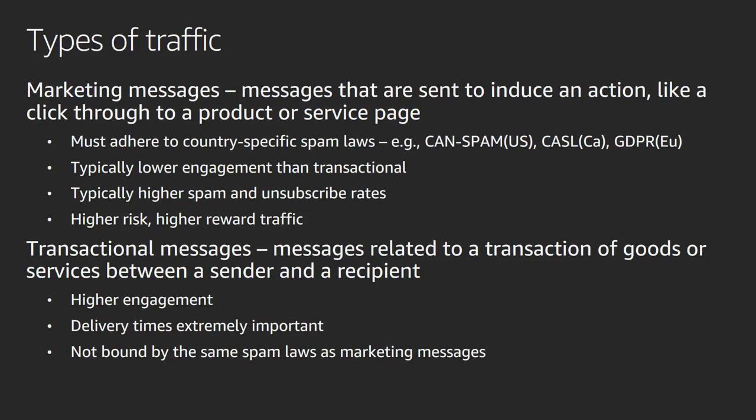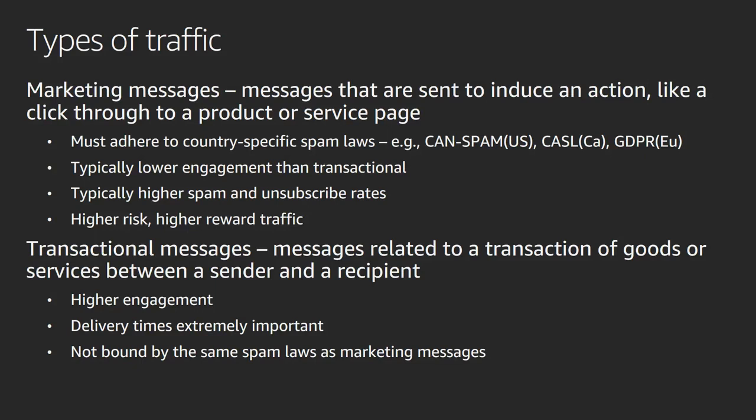So because of that, the laws for transactional messages from a spam law perspective are a little looser. But that's because the relationship has already been established, and there should be an opt-in, and there doesn't need to necessarily be that implied relationship because there's already an explicit one.